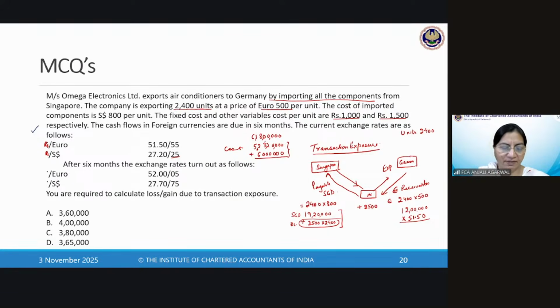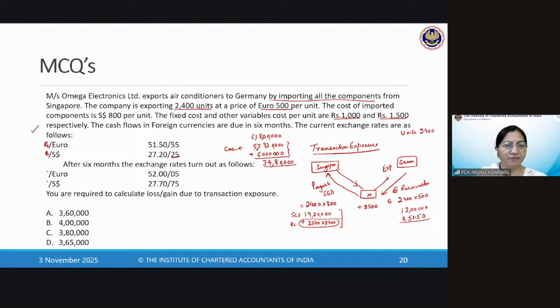So you end up getting somewhere around 34 lakh 80,000.